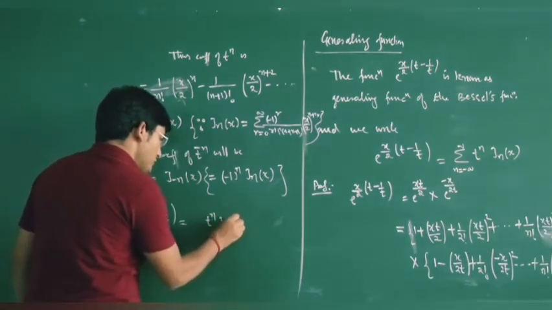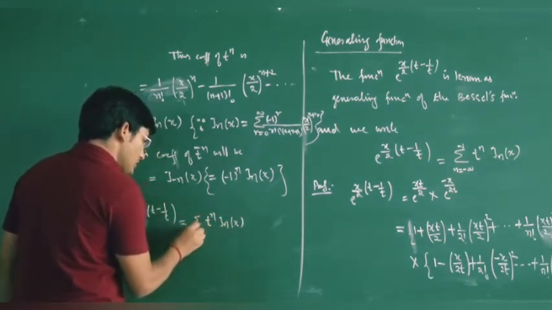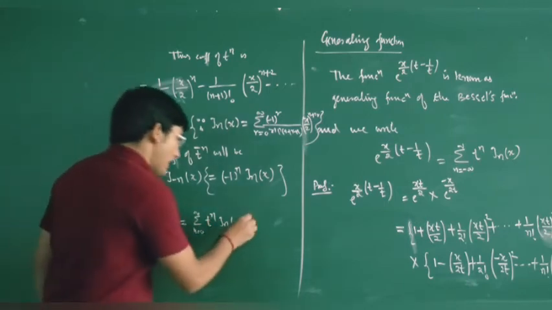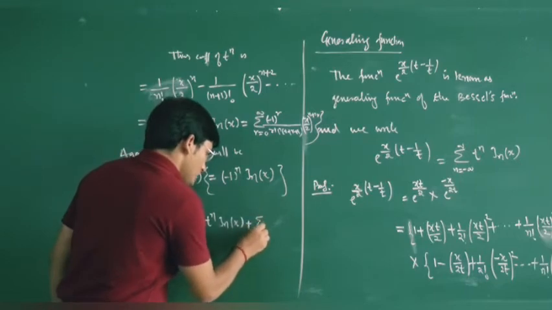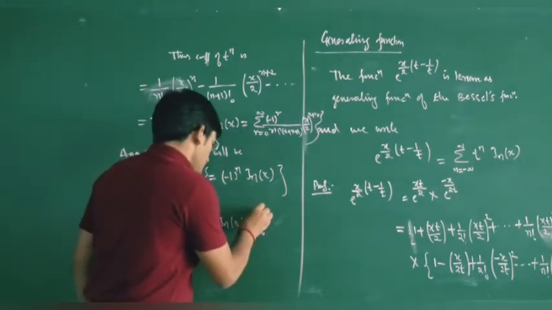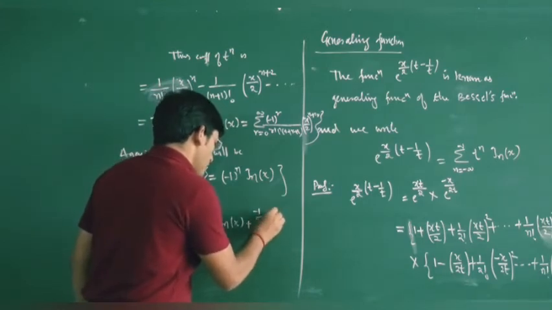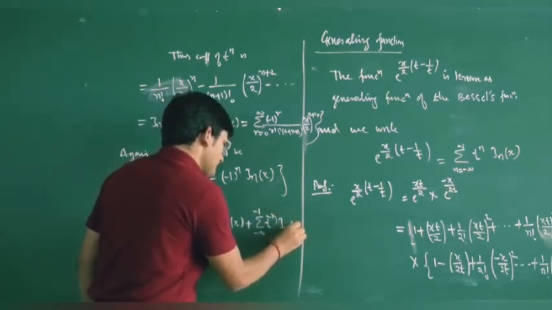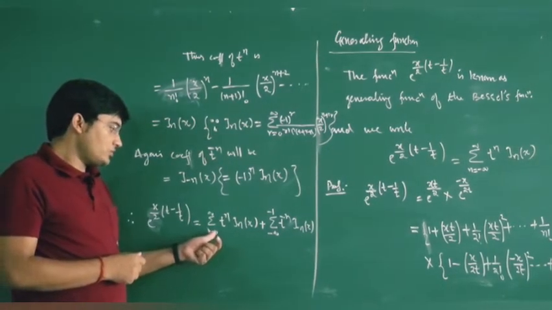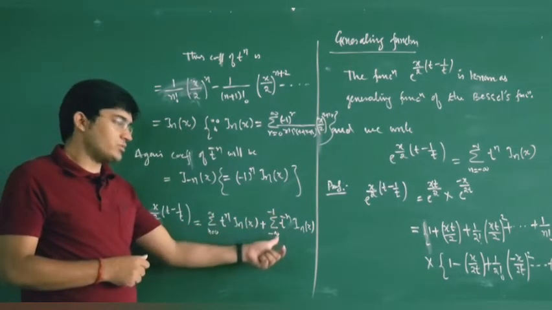So the coefficient of t to the power n is Jn(x) when n starts from 0 to infinity. That means when n is positive. And if n is negative, so when you start from minus 1 to minus infinity, then the coefficient of t to the power minus n is J minus n(x). So this is from 0 to infinity, and this is from minus 1 to minus infinity.